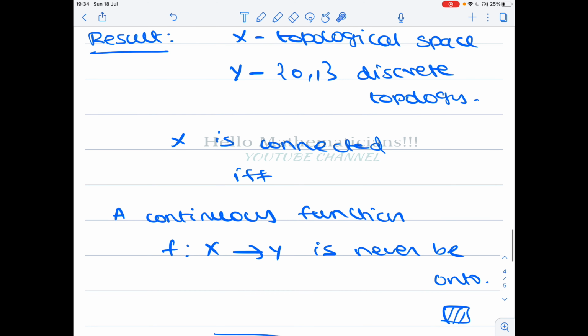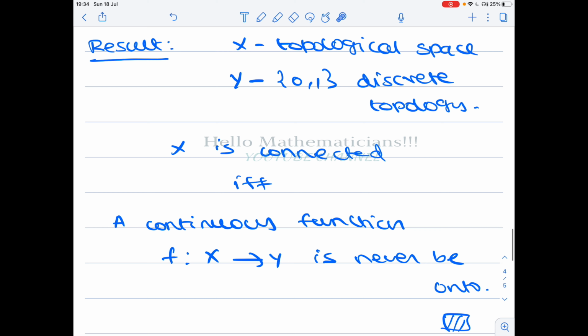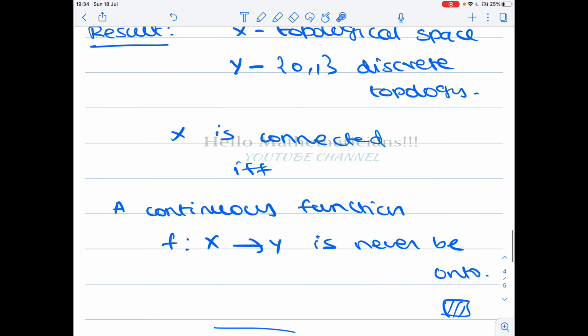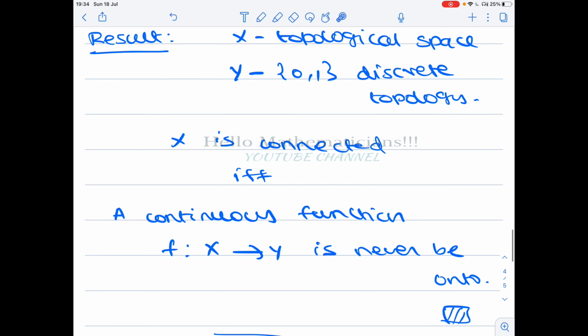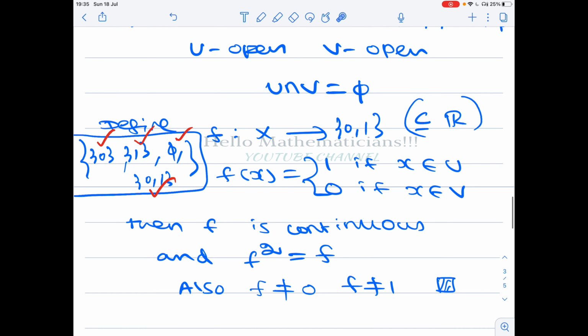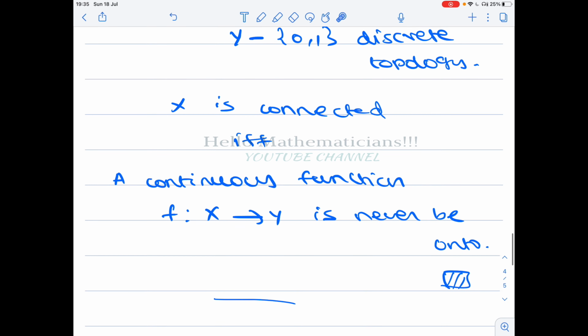Then X is connected if and only if any continuous function f from X to Y is never onto. Think why this is true. Suppose the continuous function is onto, that means the range is {0, 1}. Again the same argument will give you a contradiction.